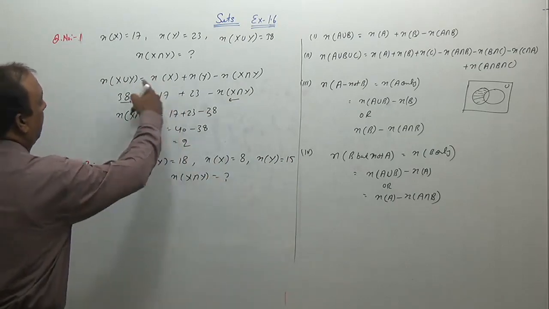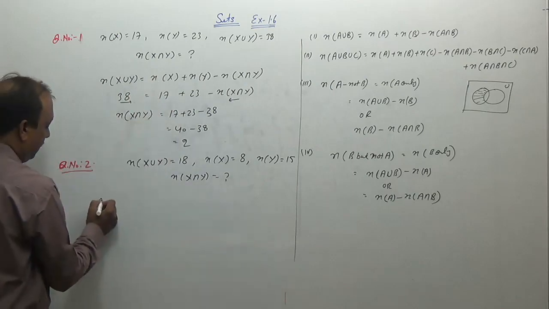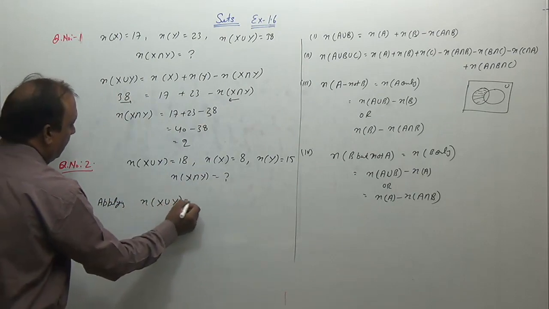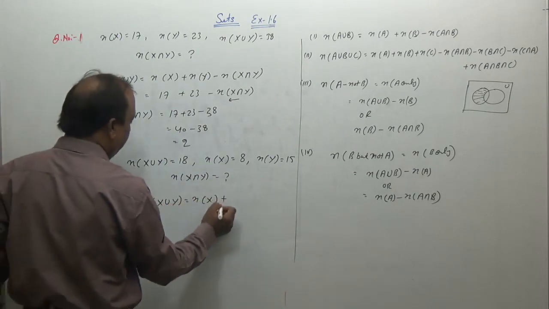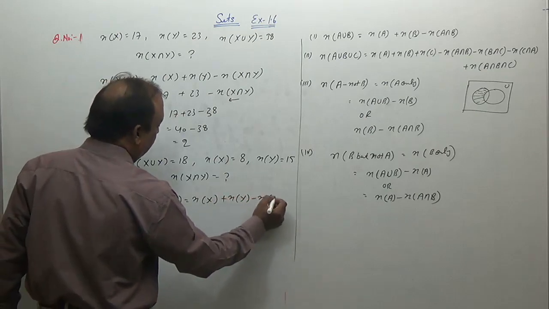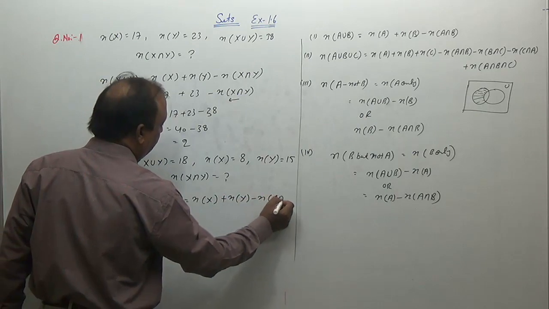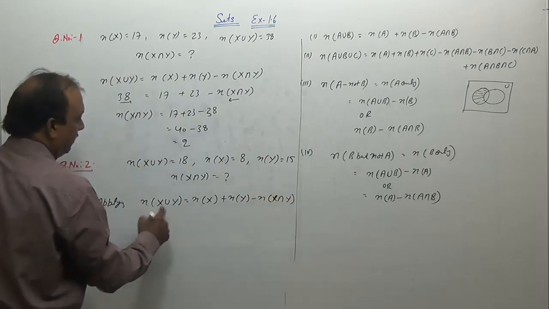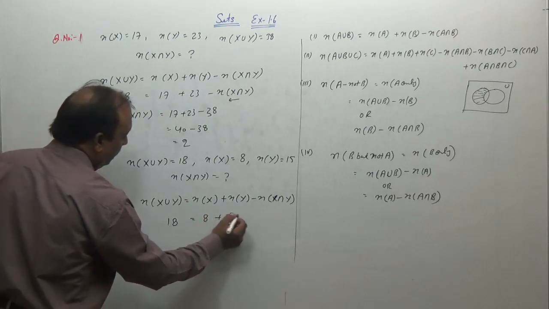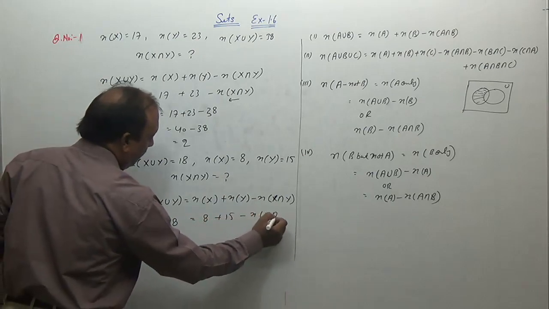Again applying this property: the number of X union Y is equal to the number of elements of X plus the number of elements of Y minus the number of elements of X intersection Y. These are 18, 8 and 15, and this one is required.